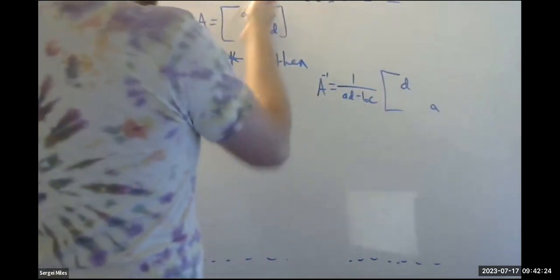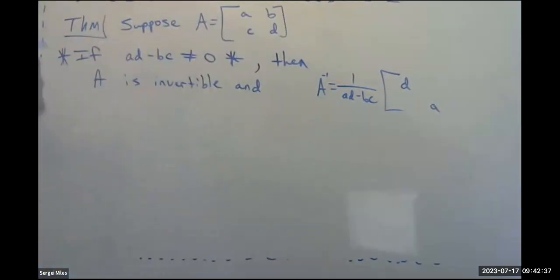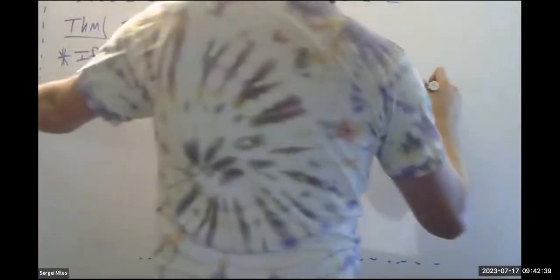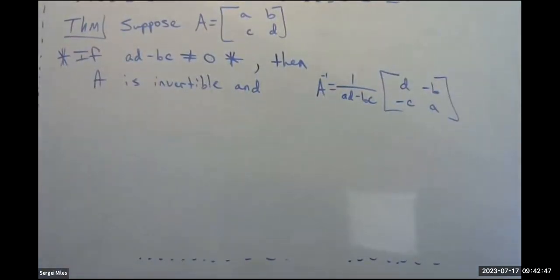And then for the off diagonal, the diagonal from right to left, instead of flipping the order, I'm going to flip the sign. I'm going to put a negative there. So negative B, negative C. And this is going to be our formula to find the inverse matrix for any 2x2, no matter what A, B, C, D are, so long as AD minus BC does not equal 0.